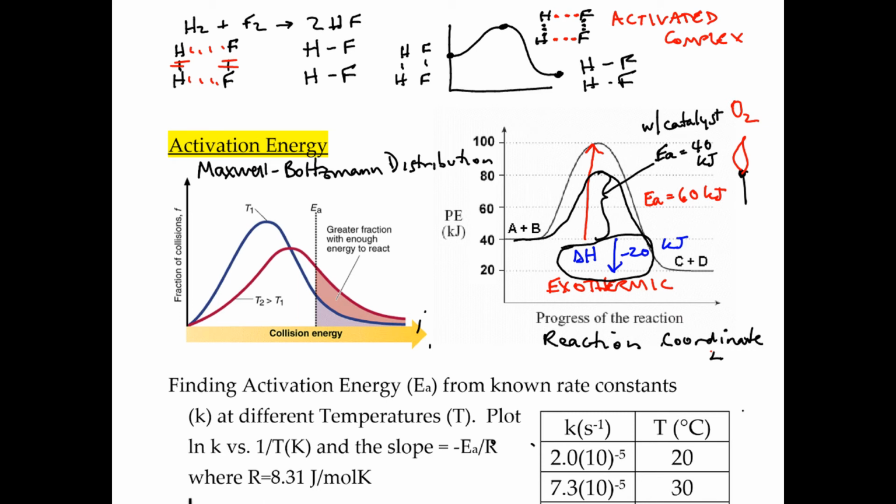You could also liken this in an analogy to track teams. Let's suppose that we are talking about a high school track team right here at temperature 1. The area under the curve represents all of the runners. The more to the right you are, the faster the runner is.